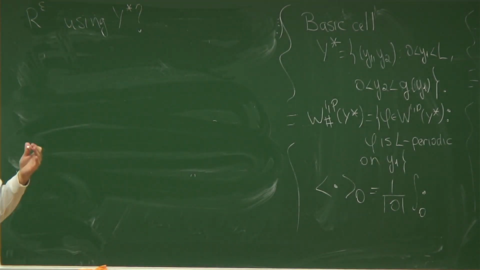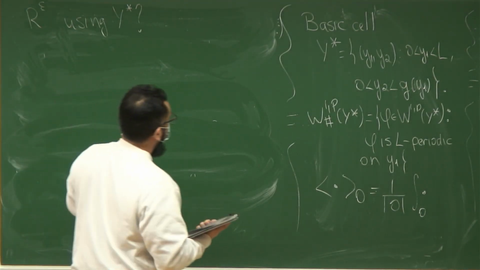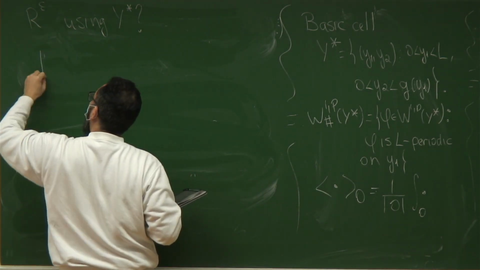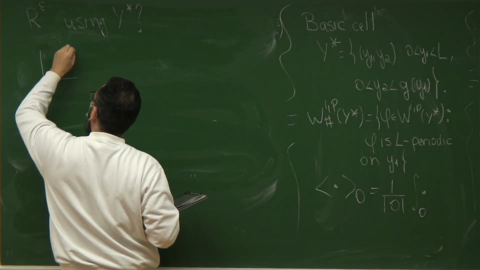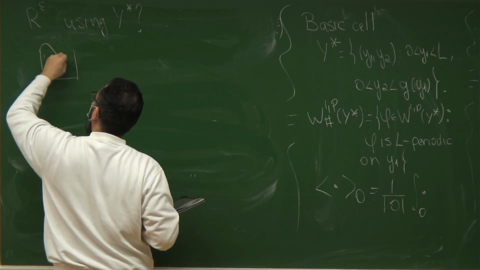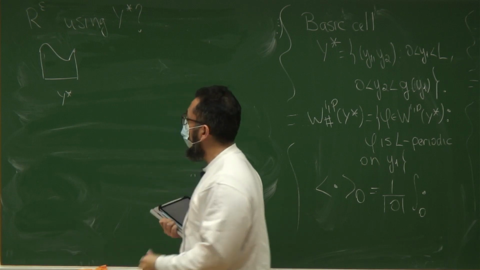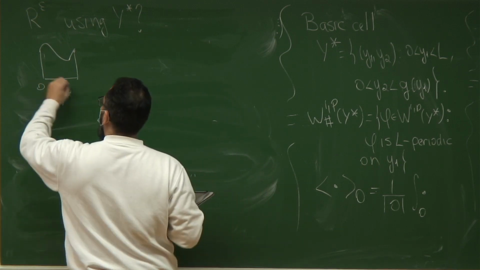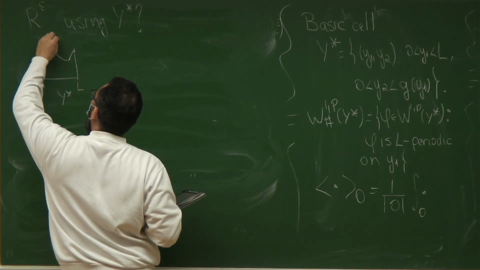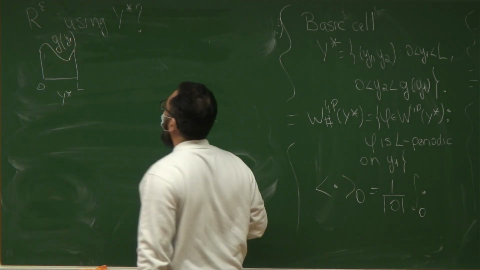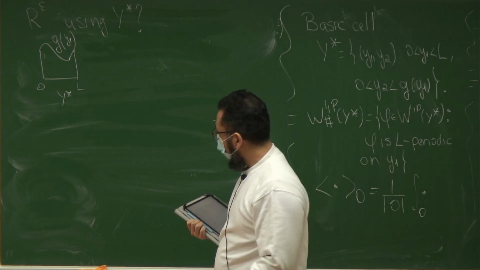Recall what we have to do. If the basic cell is something like this, it's 0L, it's the G of Y1, I will erase it soon.